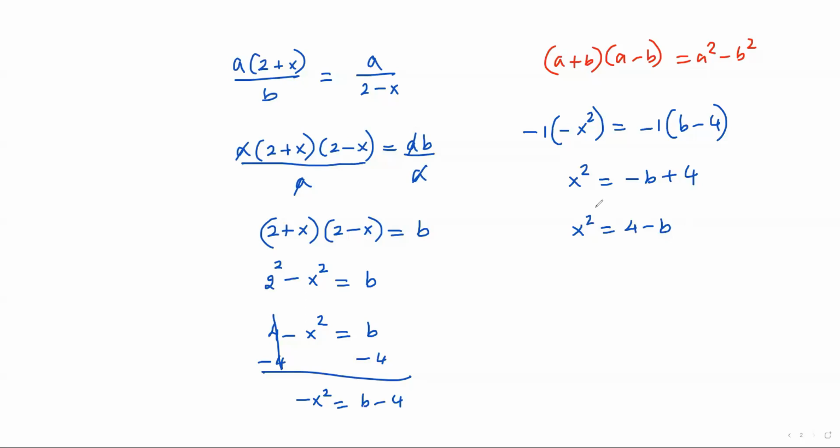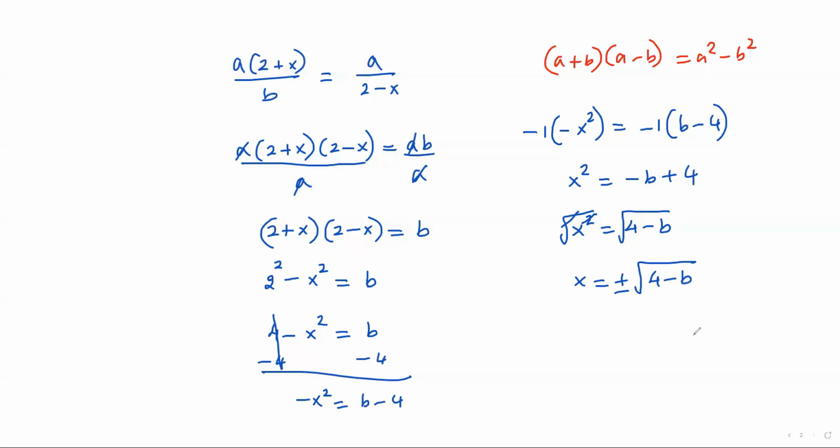Now to get rid of this square, I take the square root on both sides. Whenever I take the square root on both sides of an equation, on one of the sides I have to take a positive or negative sign. So it will be positive or negative square root of 4 minus b. Okay, I have solved for x.